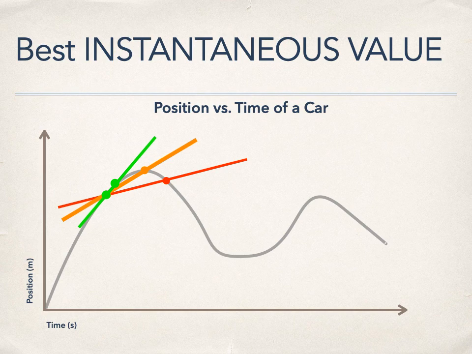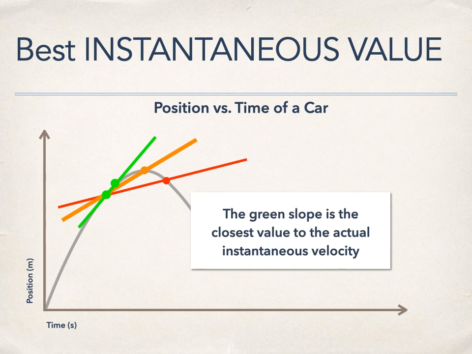You just get into some trouble in practical real life, because you can't measure something infinitesimally small. You can only make measurements so small, after a certain point it just becomes undoable. So the green slope is the closest value to the actual instantaneous velocity.